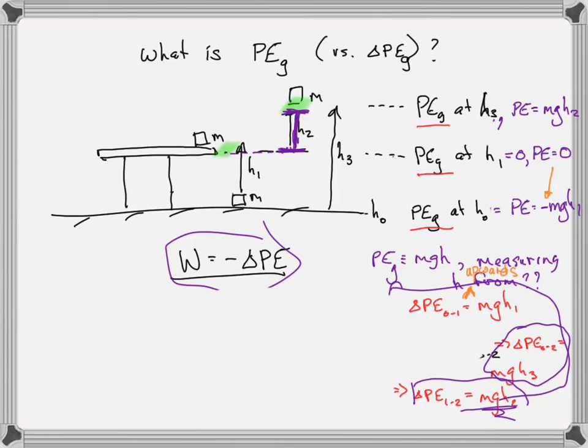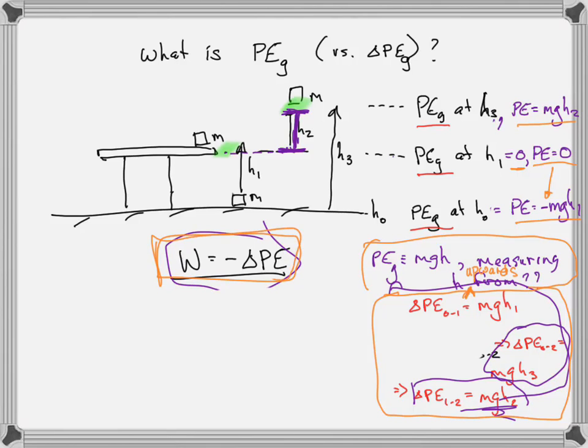Okay, so if we define potential energy this way, and we define our h equals 0 at the table height, then the potential energies are as follows. And all that matters is that these must still be true, because this is all defined from this. So, given the new potential energies, what is delta PE from 0 to 1?